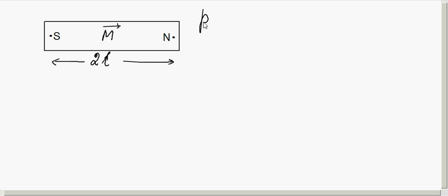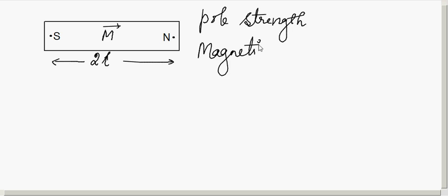One is pole strength, then magnetic length, and the last one is magnetic dipole moment.